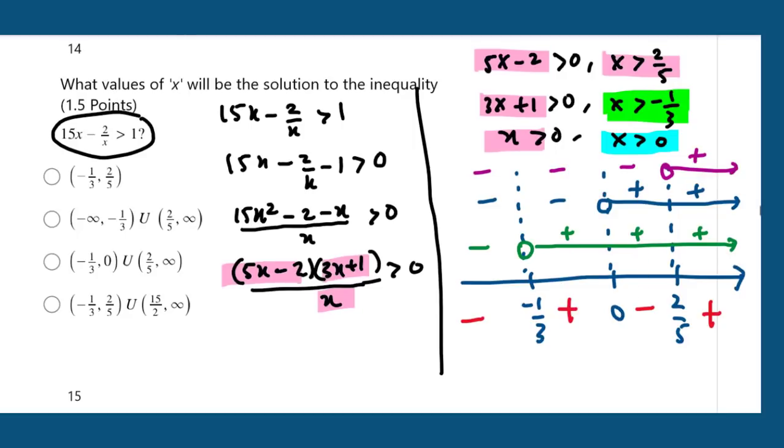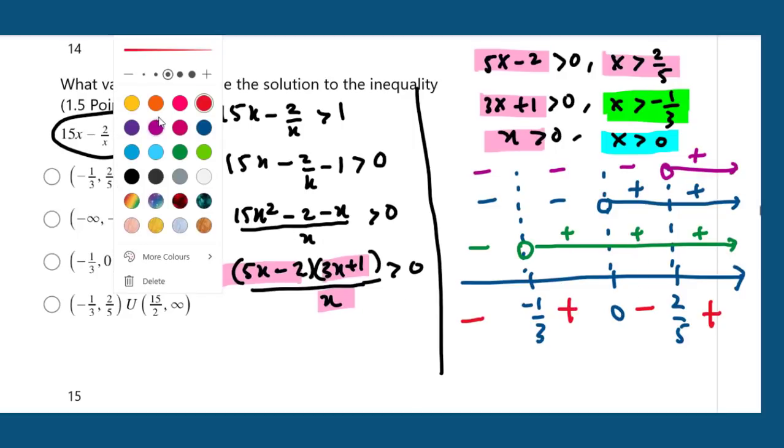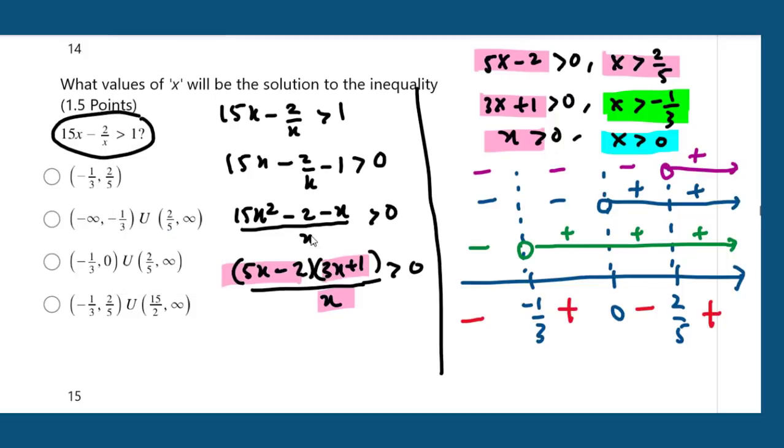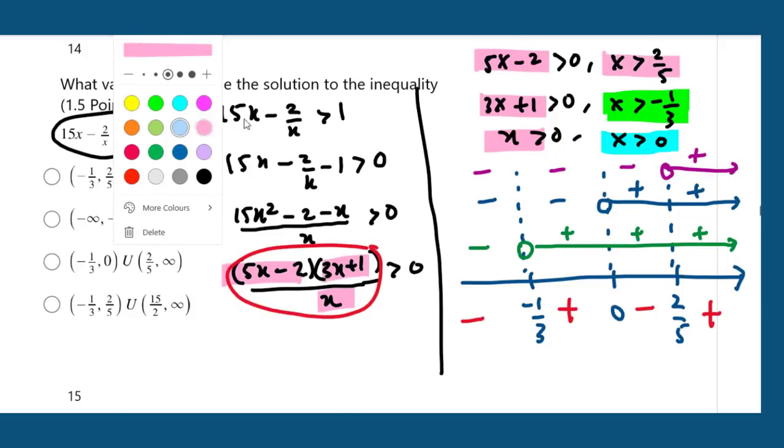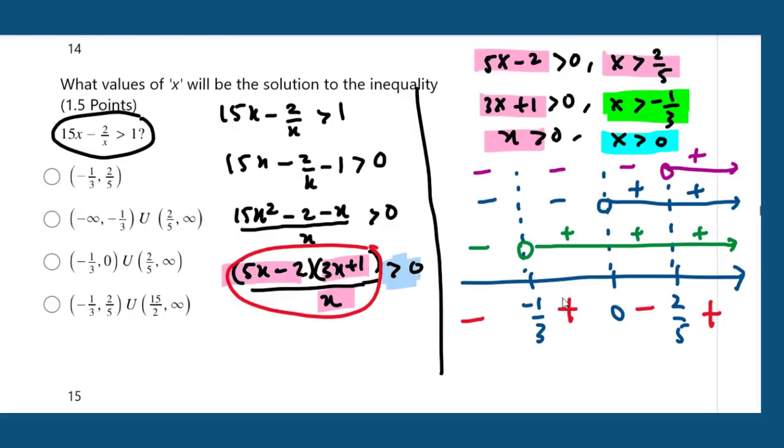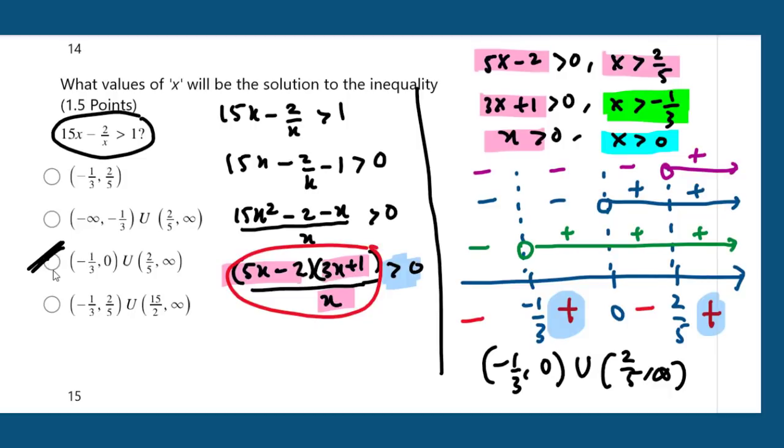So we want this region, since we need everything more than 0, positive. From here, the answer is negative 1/3 to 0, union 2/5 to infinity. This is the answer.